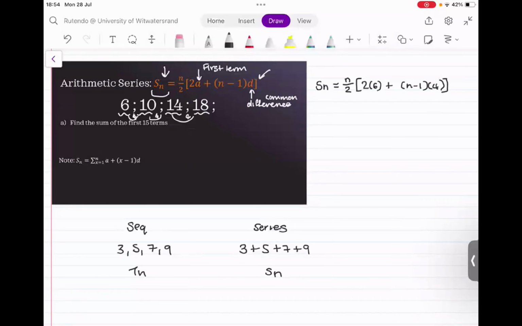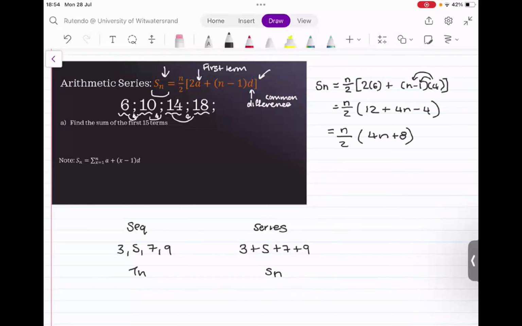I can simplify this so that it looks a little bit nicer. I'll have n over 2 multiplied by 12 plus 4n minus 4, which is n over 2 multiplied by 4n plus 8.